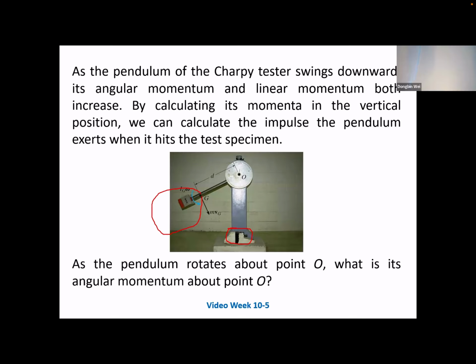With it, you will be able to determine the distance from O to G, and from G to the end of this pendulum. These dimensions are quite important to make sure the kinetic energy can be 100% absorbed by the test sample at the bottom, and then you will be able to assess the impact on the sample. Okay.